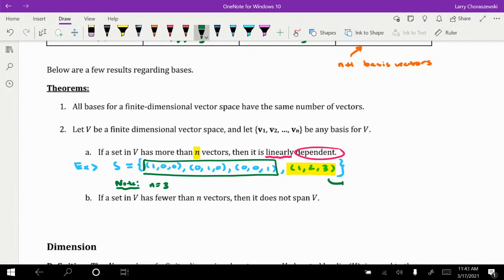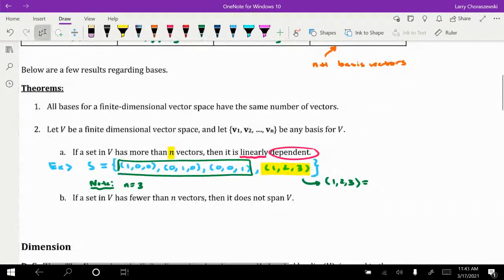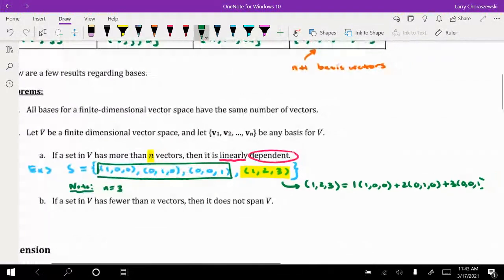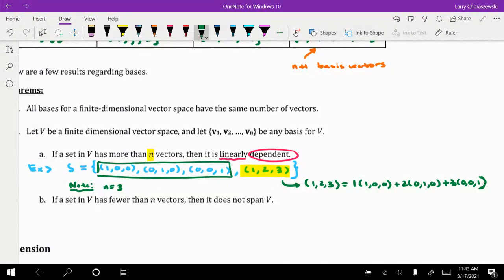But we could easily write 1, 2, 3 as 1 times the components of i plus 2 times the components of j plus 3 times the components of k. So that establishes that this set of vectors is dependent.